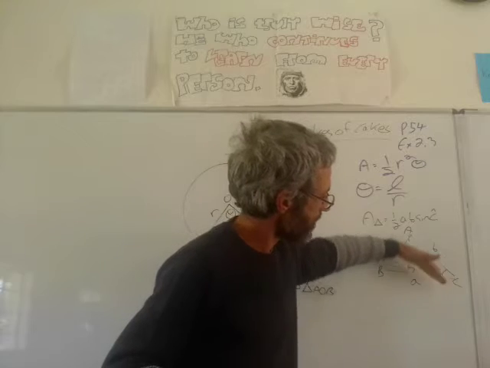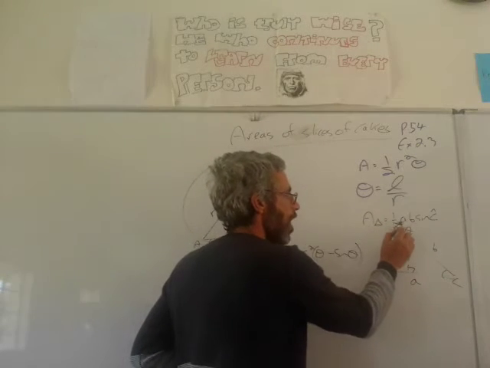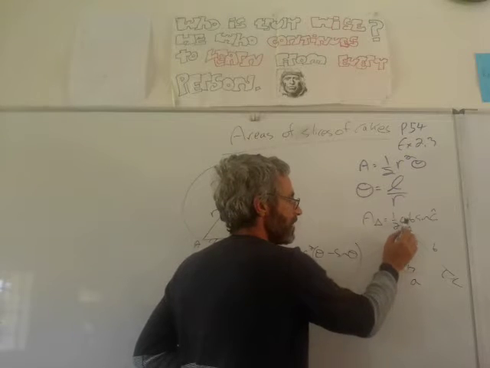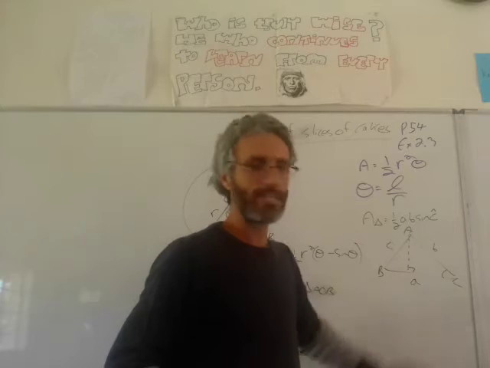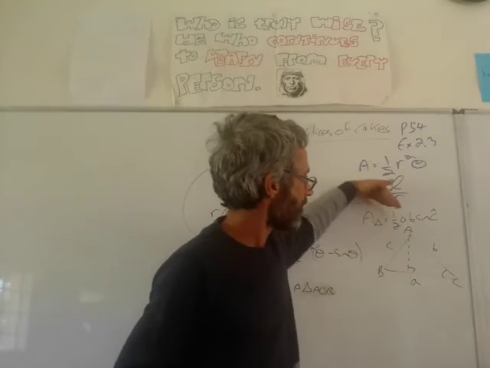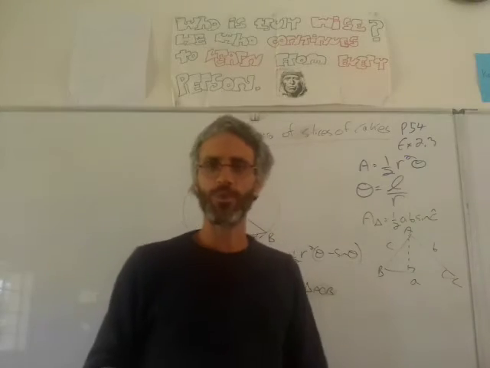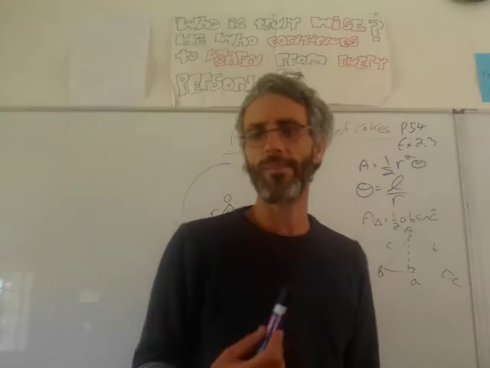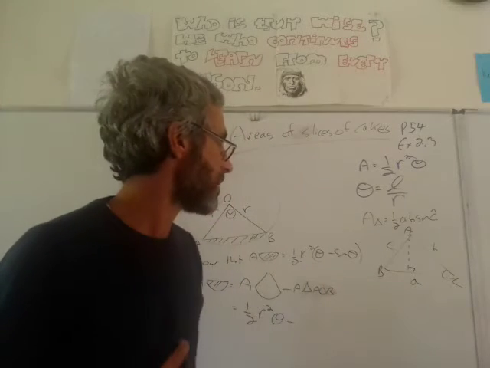You multiply half by a by b, and you multiply it by sine of the angle between them. So half times a times b times sine of the angle between them. You can prove it with some elementary trick, but I'm not going to do it here. Hopefully you'll do it in maths.